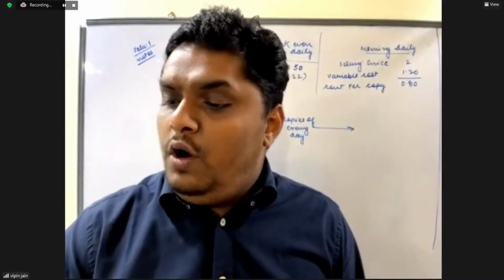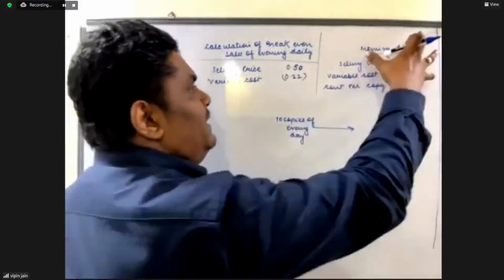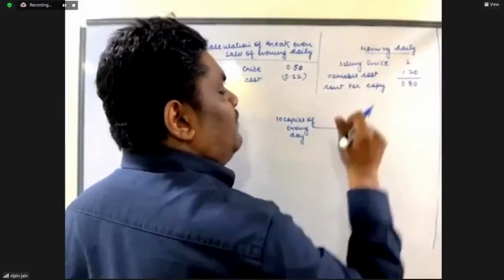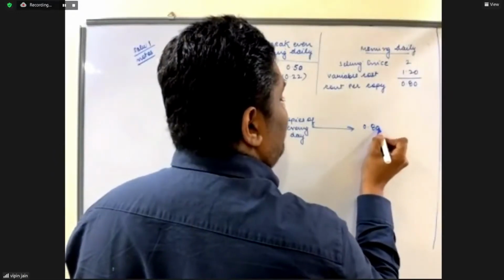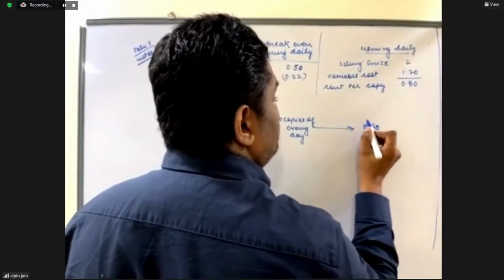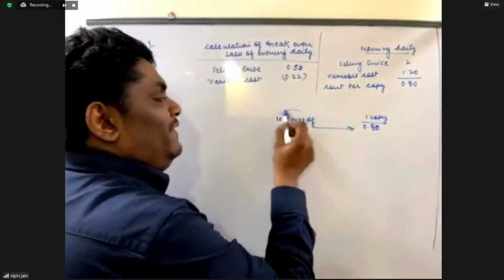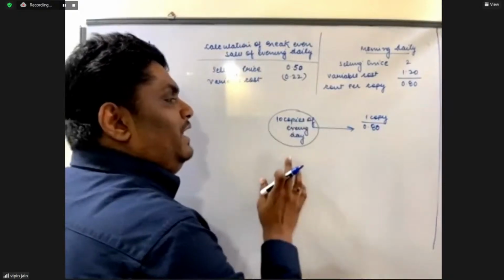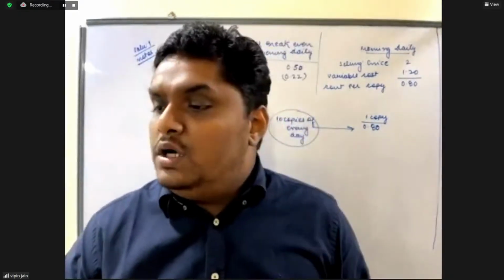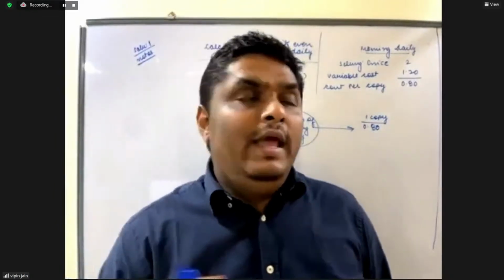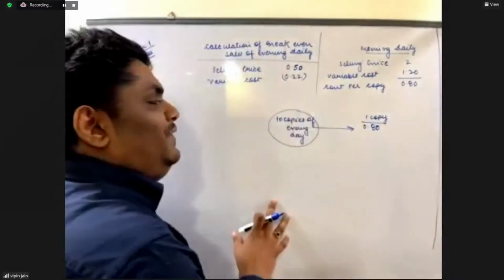On every copy, we earn a contribution of 80 paisa. I repeat again, for every 10 copies sold of evening daily, there will be a loss of 1 copy of morning daily. It means we are losing a contribution of 80 paisa on sale of 10 copies.